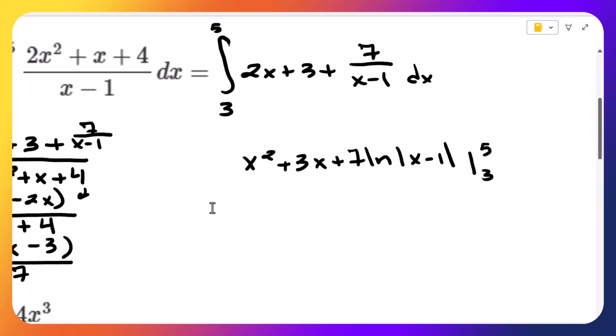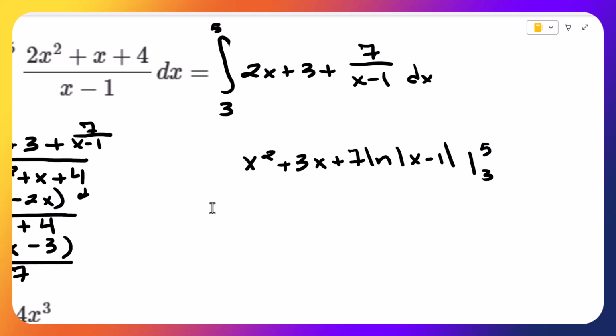So now let's just substitute stuff in. We get 5 squared plus 3 times 5 plus 7 ln of 5 minus 1, minus 3 squared, minus 3 times 3, minus 7 ln of 3 minus 1.